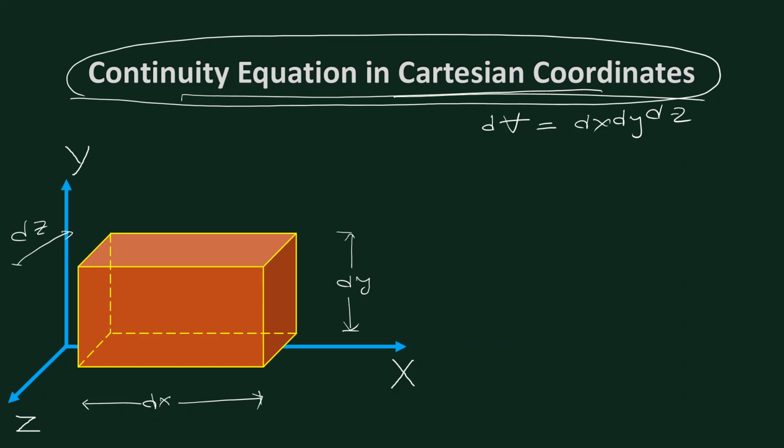Now this is a small elementary volume in a flow field where fluid is flowing. Whatever the velocity is, it may be inclined, so that velocity will have components in all the directions x, y, and z. Suppose the x component of that velocity is u, the y component is v, and the z component is w.